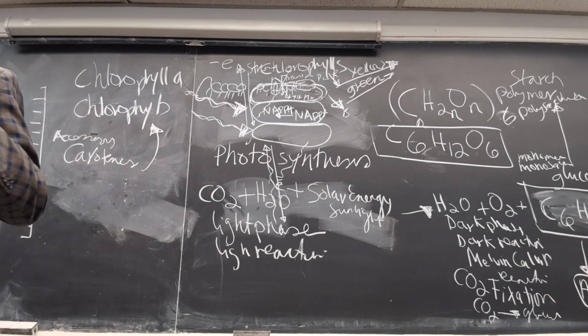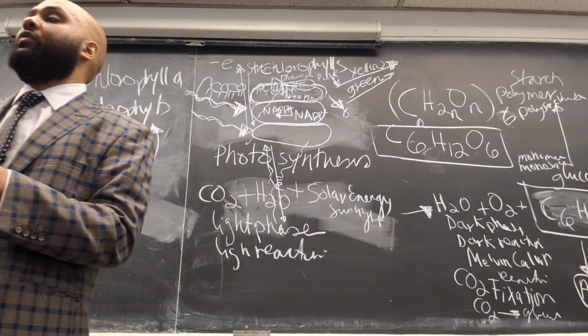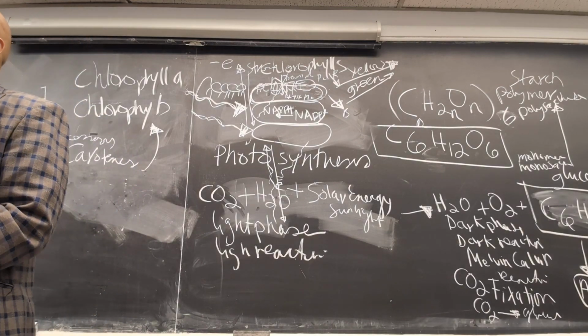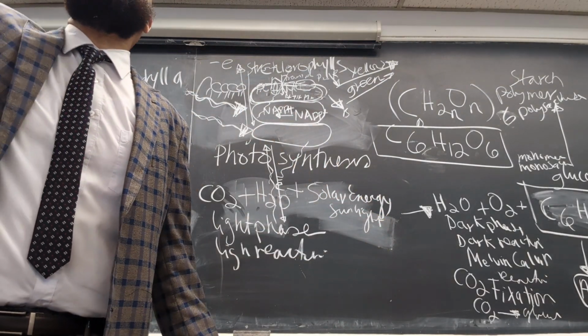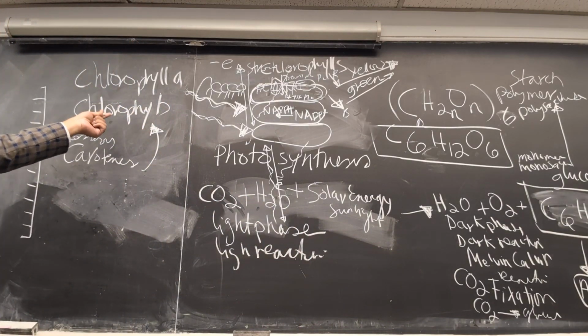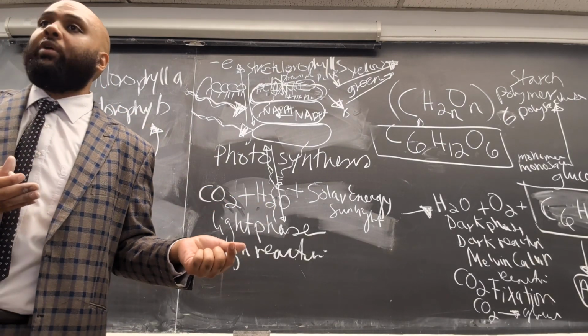So the plant cannot only rely on chlorophyll A and chlorophyll B, the original pigments. The plant needs accessory pigments that are able to absorb a different variety of wavelengths that the original chlorophyll A and chlorophyll B couldn't. And that will add more energy.